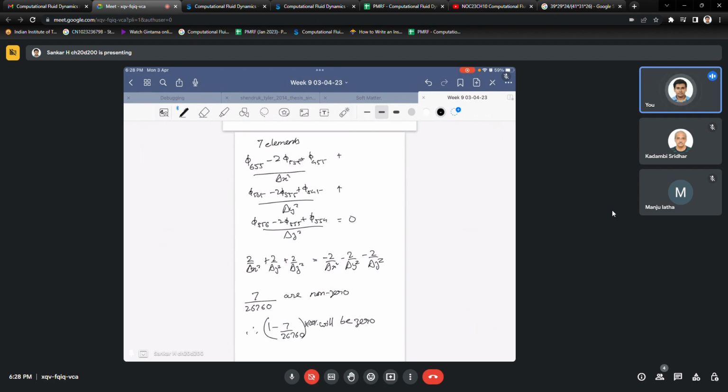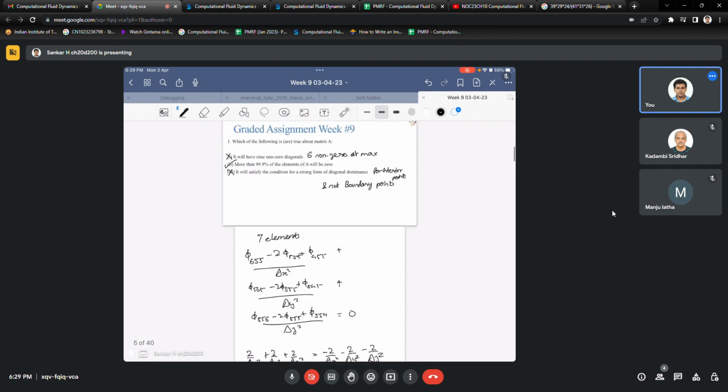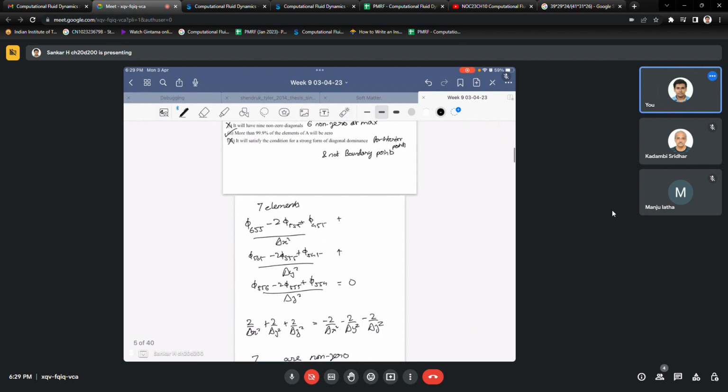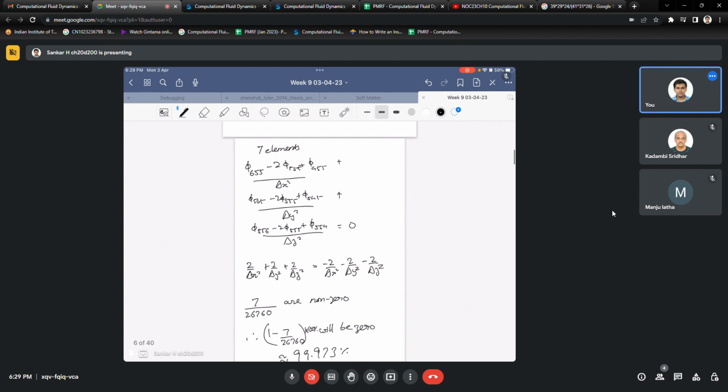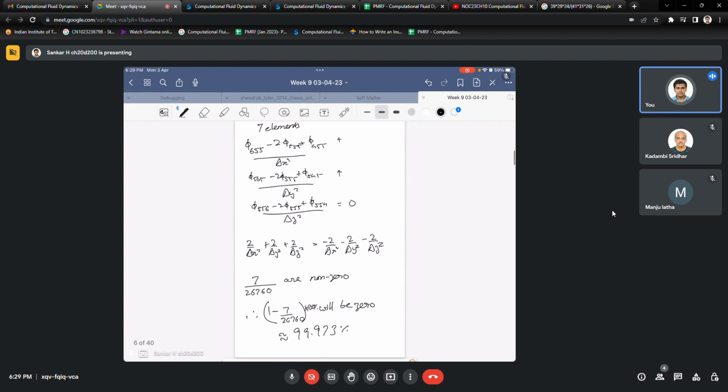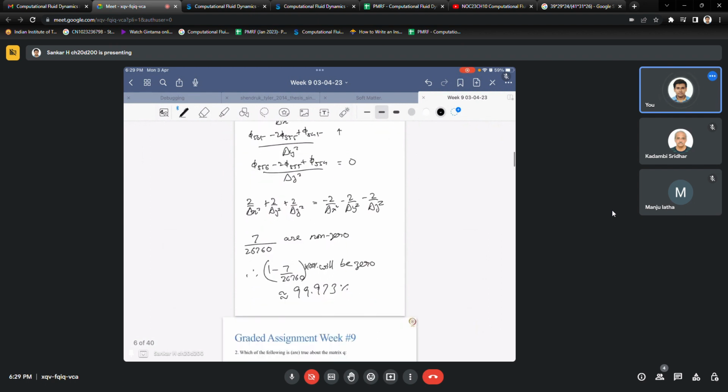We'll get this to be approximately 99.973%. So in each equation there will be 26,760 unknowns, but at most 7 will be non-zero.